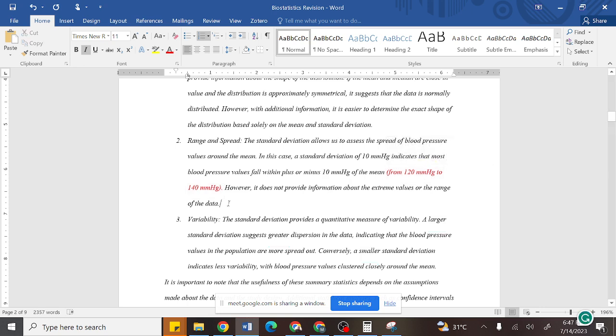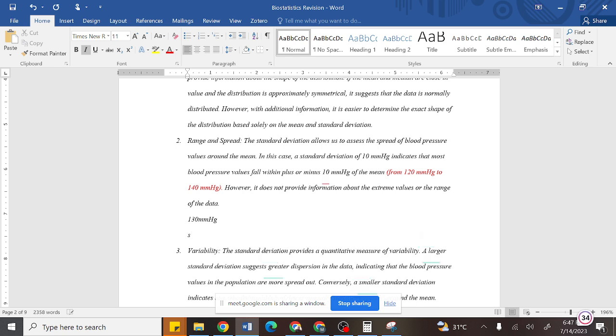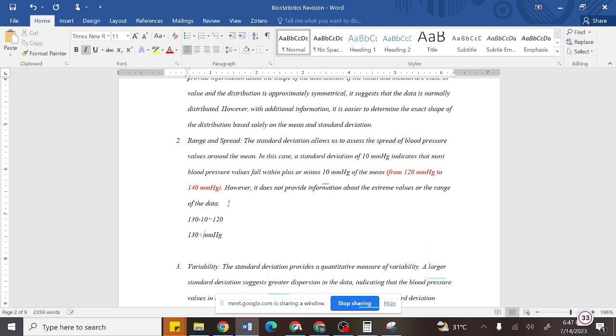Because remember, the average was 130 millimeters of mercury, and the standard deviation 10. That means that you can subtract 10 from the 130 and get 120, or add 10 to the 130 and get 140.